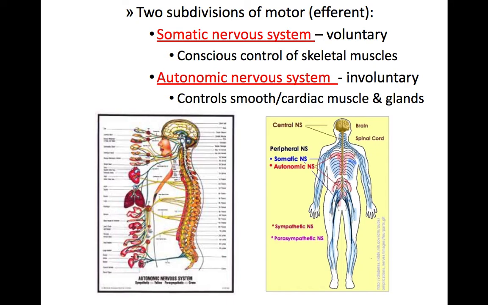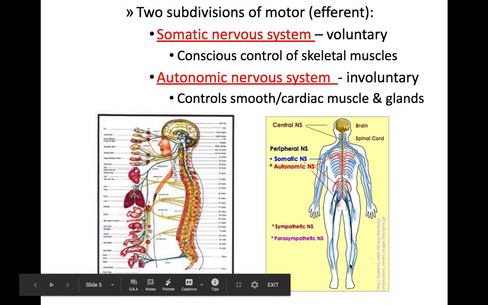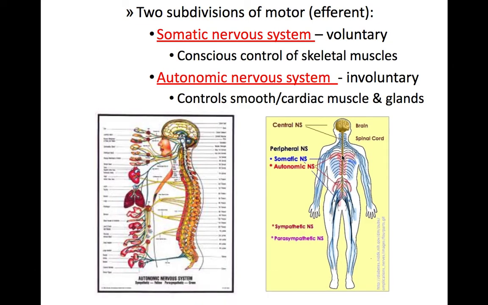They're involuntary. Here on this right image, you can see the peripheral nervous system shown off to the sides, right here, and in your legs as well. And then the majority of the autonomic nervous system, the motor neurons that go out from the spinal cord to innervate the involuntary muscle and gland responses, you'll notice that most of those are concentrated along your core.